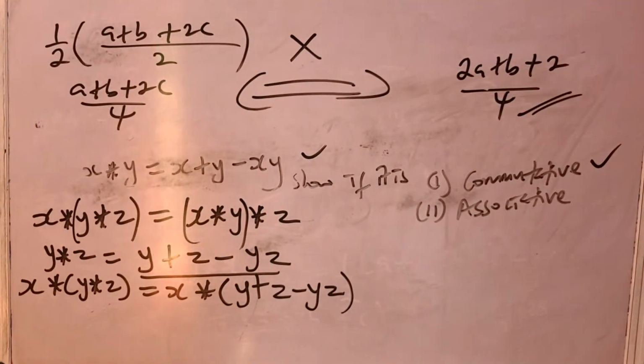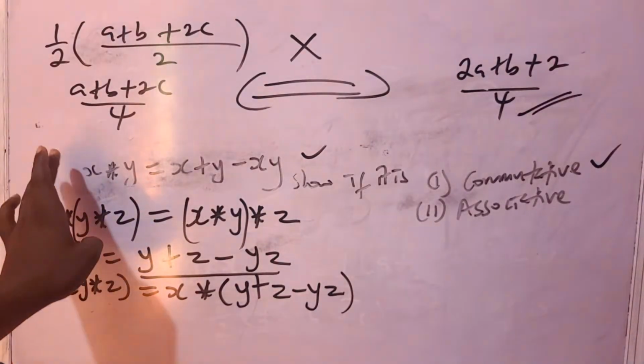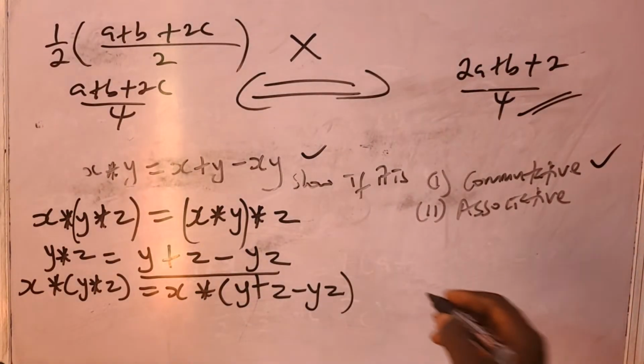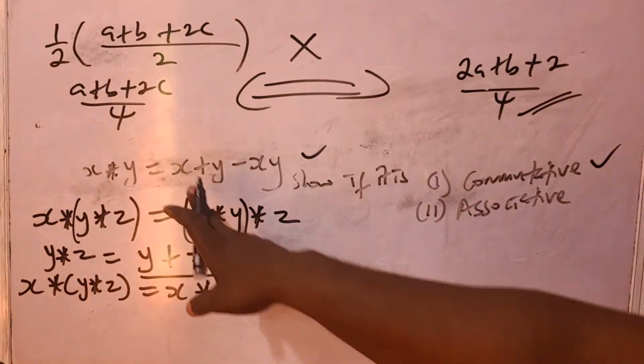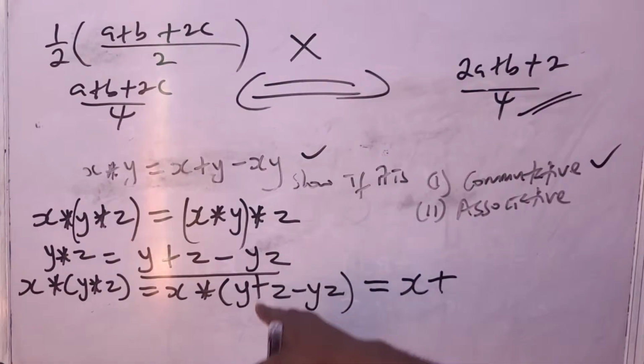All right, so now again you have to always revert back to your initial function. This is the function on which the operation is defined. So anything you are doing under this question must always come back to this initial expression. All right, so this is your first now, this is your second. So that means our first is still x, so we have x plus our second, which is no longer y now.